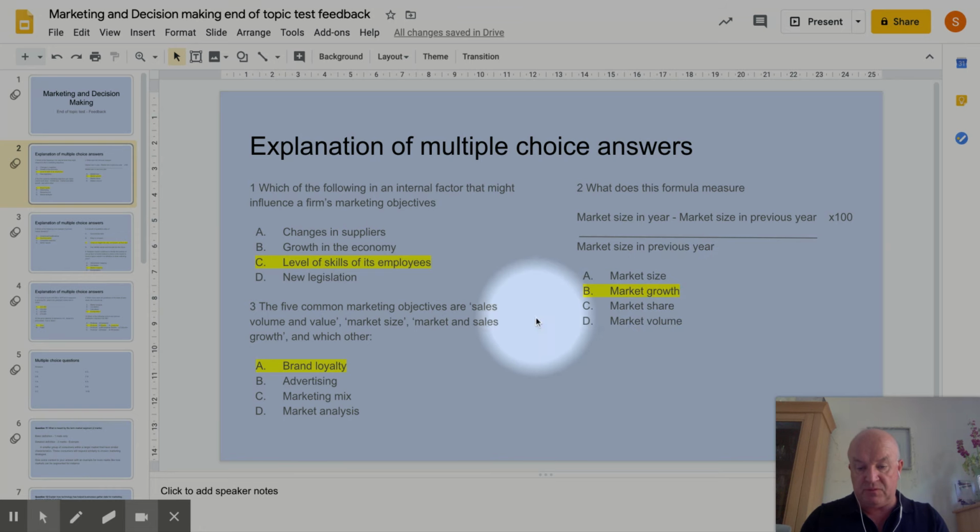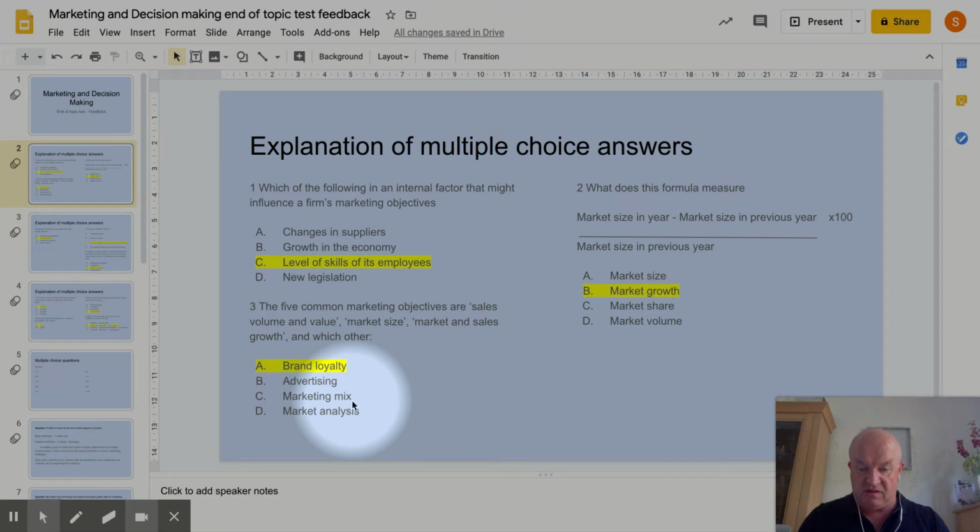Okay, let's move on to question number 3. There are 5 common marketing objectives, and they are sales volume and value, market size, market and sales growth, and one other. Looking at the objectives here, you wouldn't necessarily have a common advertising objective. You wouldn't have a marketing mix objective.